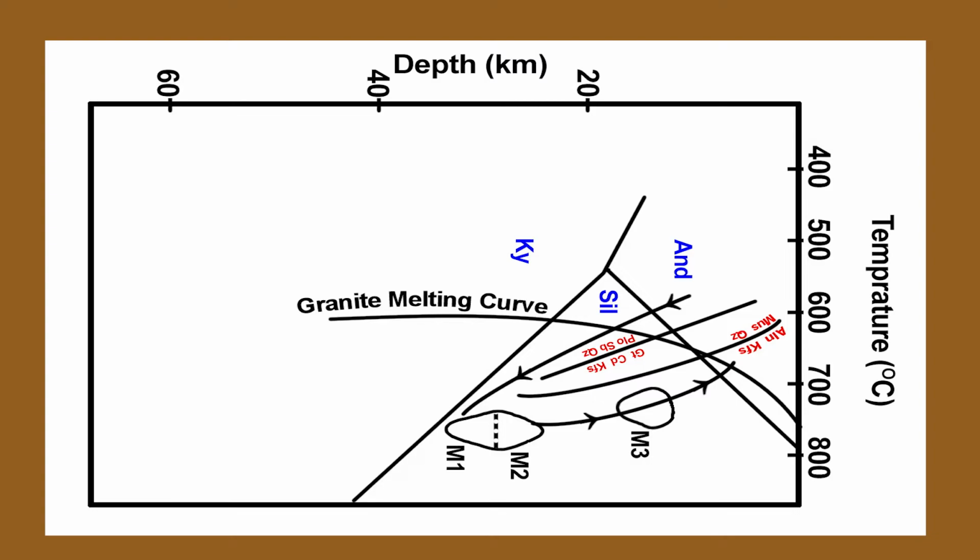The return path is shown clockwise because granitic veins indicating melt formation are found in the area.